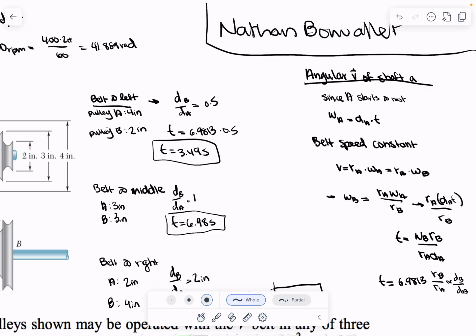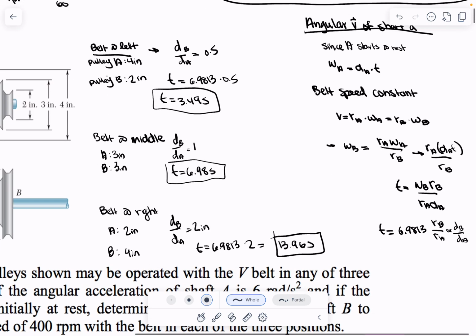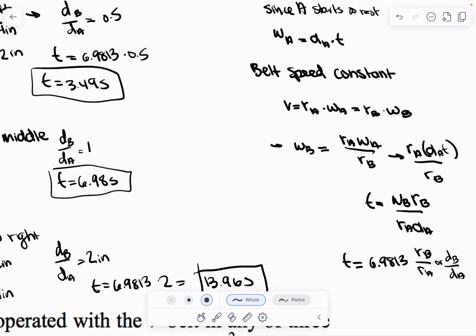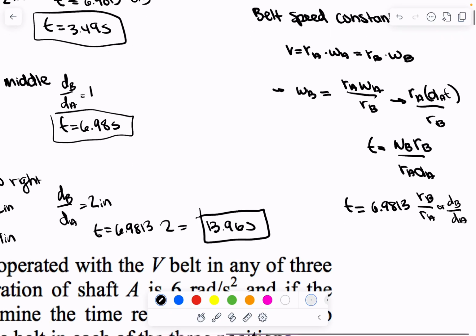And so since A starts at rest, we can write the equation omega A is equal to alpha A times T. And the belt speed constant, we can rewrite it in these terms to solve for time.